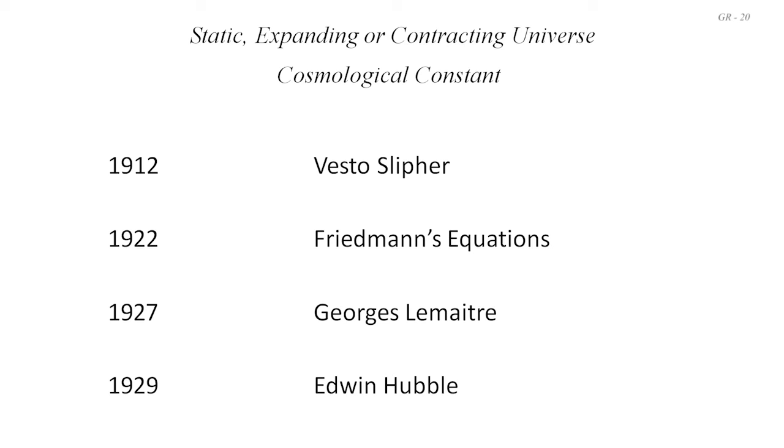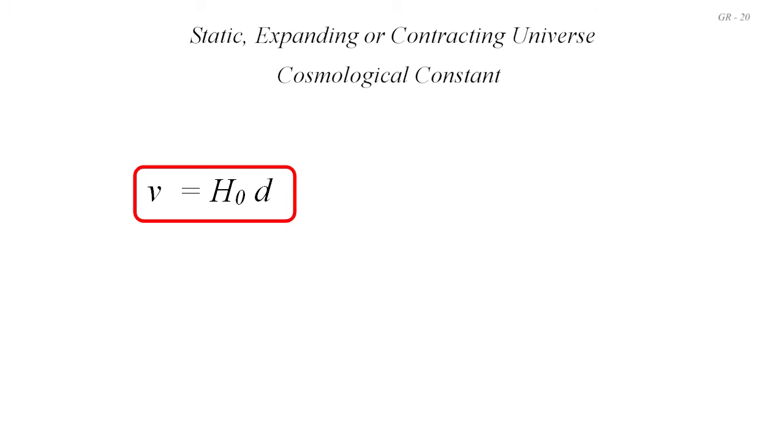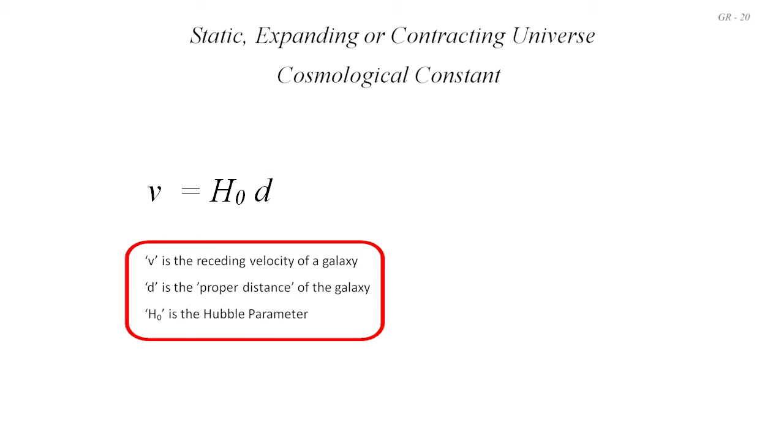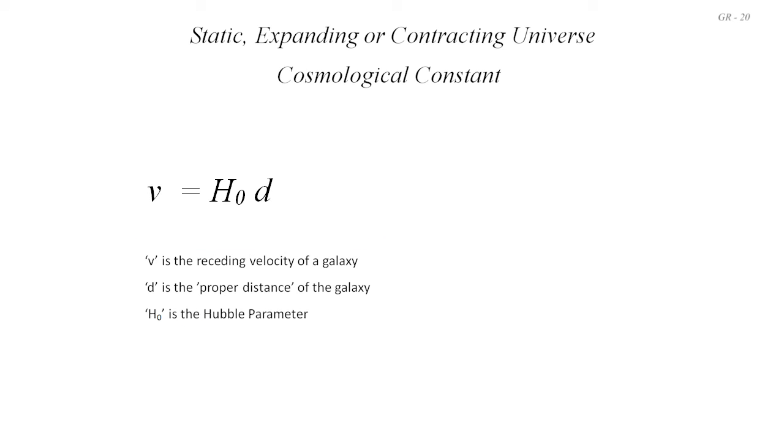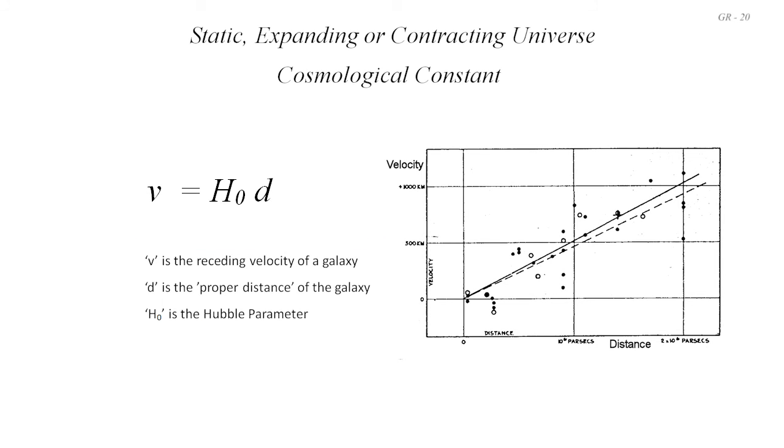This is embodied in the Hubble law, which we would write nowadays as V equals H0 d, where V is the receding velocity of the galaxy, d is the proper distance of the galaxy from us, and H0 is the Hubble parameter, at one time thought to be constant, but as we'll discuss in a moment is now believed to vary with time. Here is Hubble's famous straight line graph of V against d from his experimental work.